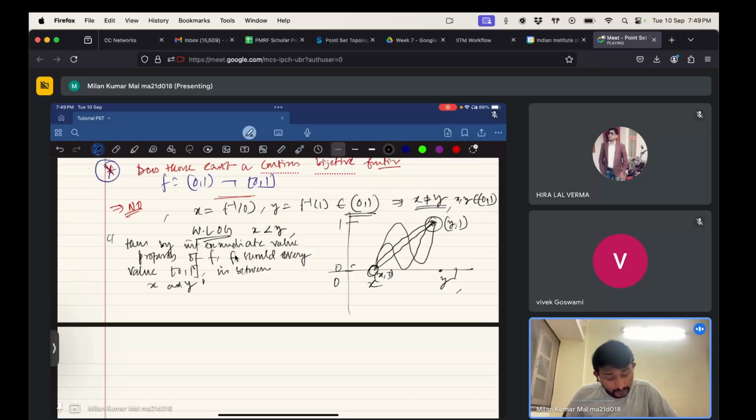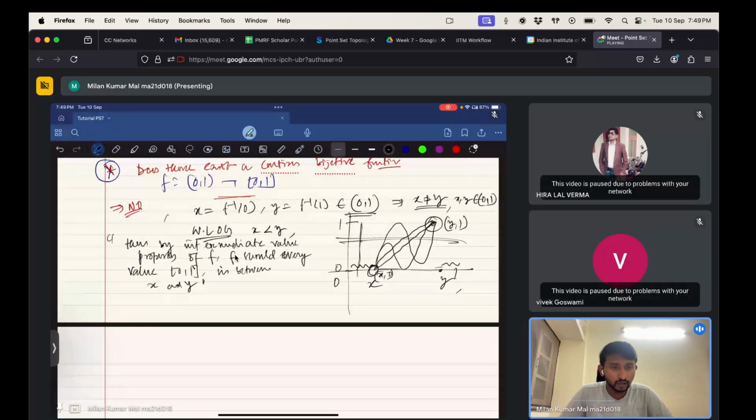But the points on the left-hand side and the right-hand side will also take some value from 0 to 1. So that will repeat the values taken from x to y. So this will not be injective anymore, right?